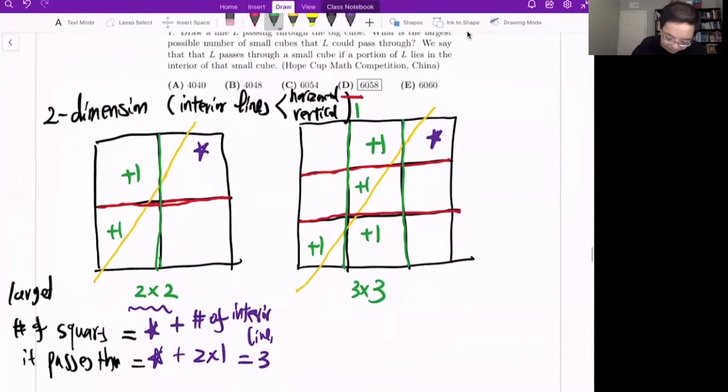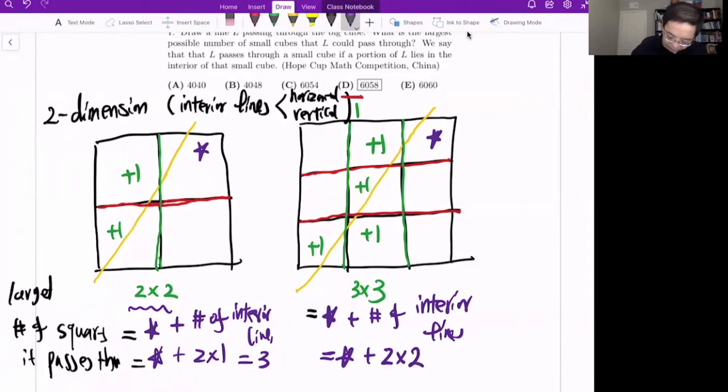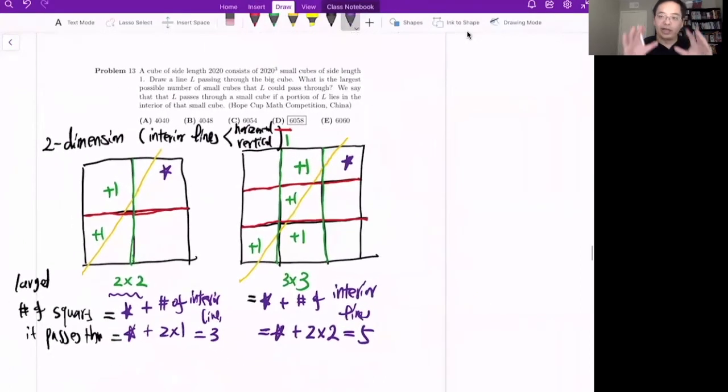So again, this equals the first special one plus the number of interior lines, and for this case, it is the first one plus 2 times 2, which is 5. Okay, so we have to extend this.